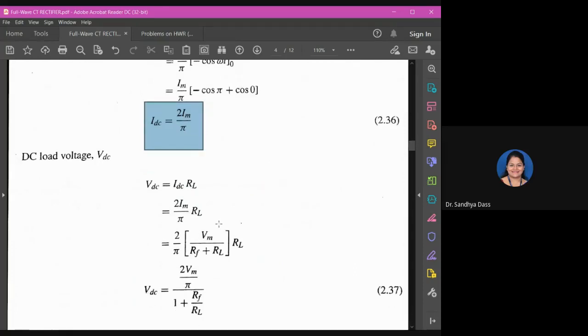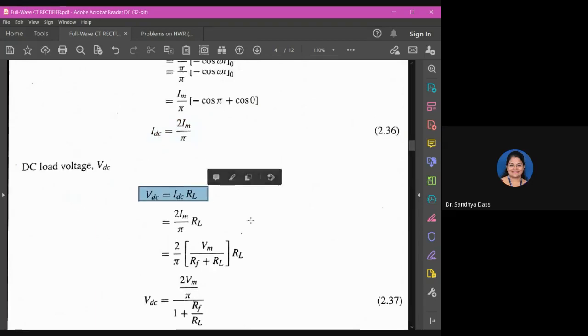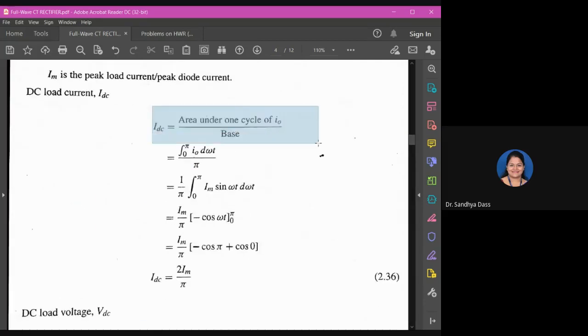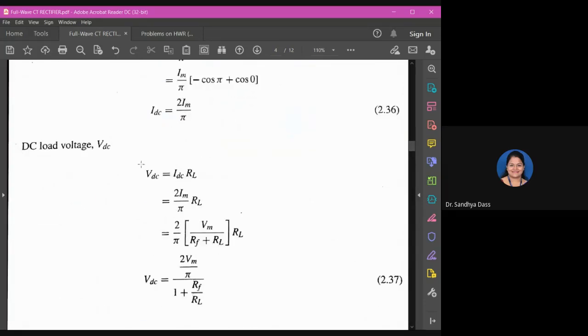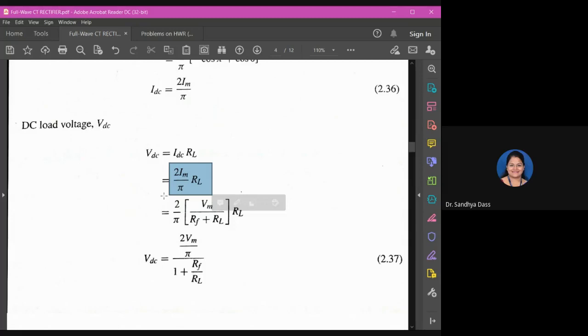Similarly, for the DC load voltage, VDC, you can go taking the integration in a similar way, or you can apply Ohm's law. VDC is equal to IDC into RL. Substituting IDC, which we got here as 2 Im by pi, into RL, where Im again you are substituting in terms of voltage.